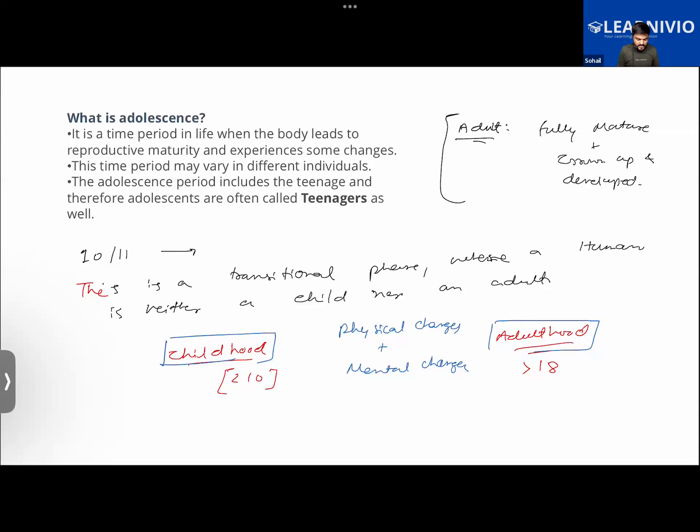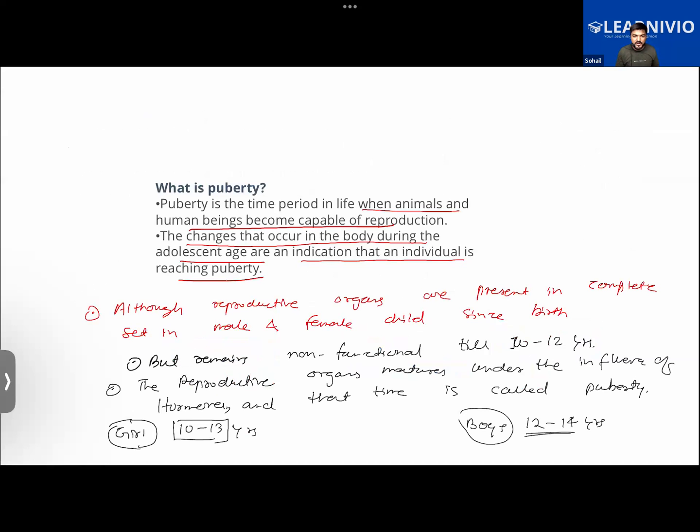All these changes occur in this time period, between 10 to 18 or 19 years of age. But when we particularly talk about puberty, we talk in terms of reproduction. In puberty, we are not talking about other aspects like growth of height and muscles. We are only concerned with the maturity of reproductive organs here.